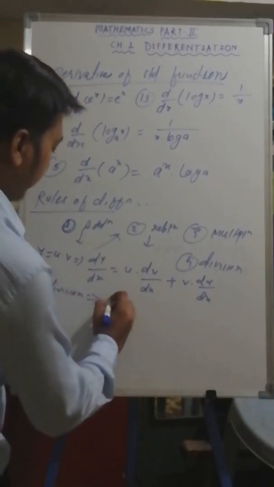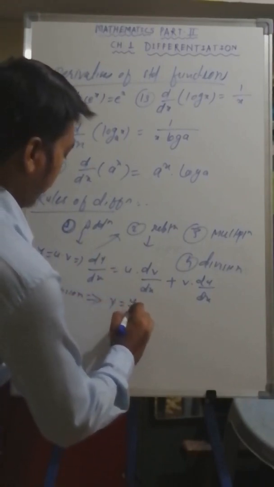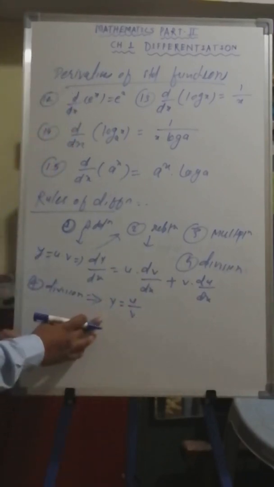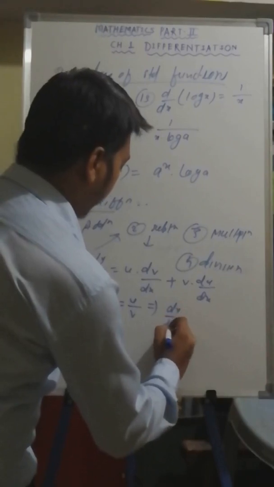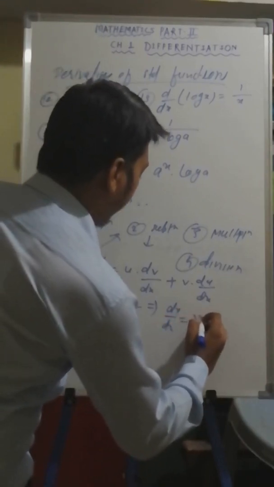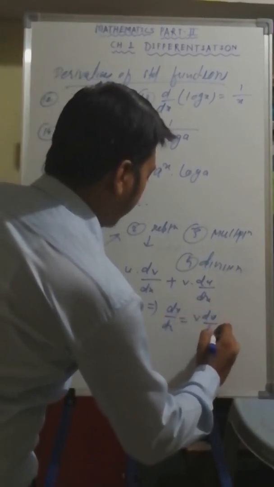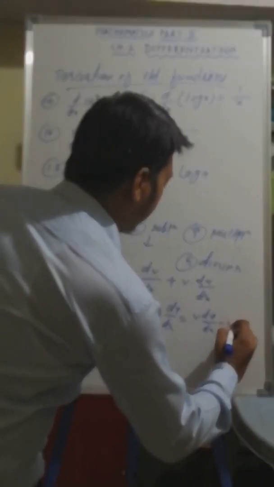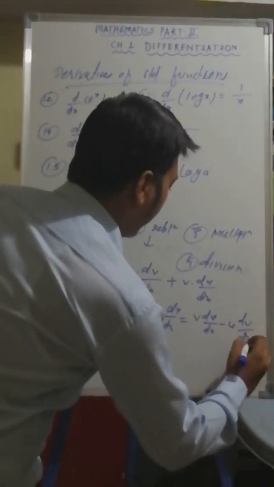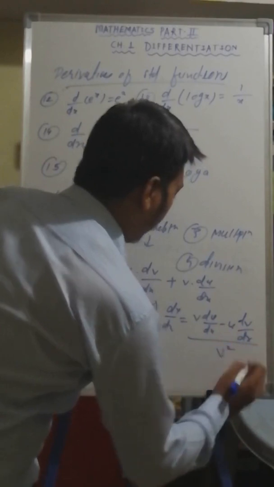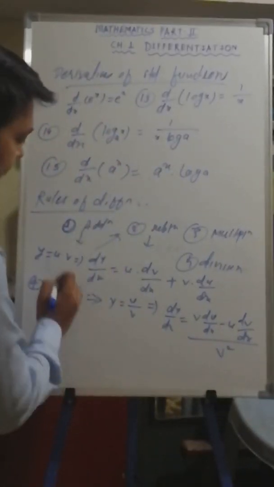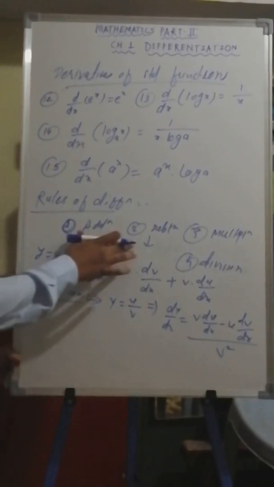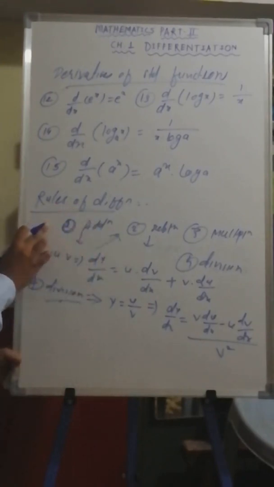For this you have to consider y equal to u upon v as our function. We take its derivative: dy by dx is equal to v into du by dx minus u into dv by dx, upon v square. So these are some fundamental rules of differentiation.